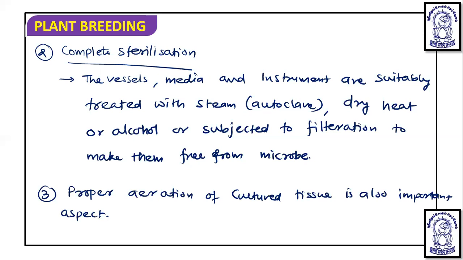So why is proper aeration required? Because when proper aeration is given to the explant, it will respire, some cells will respire, and it will get energy, and so its division will be proper.